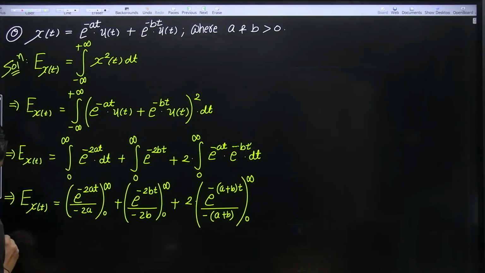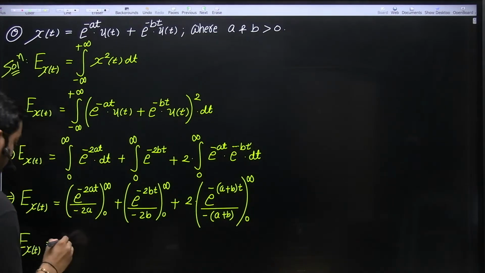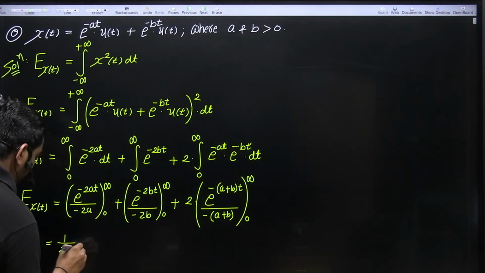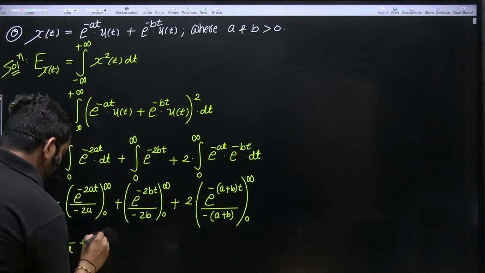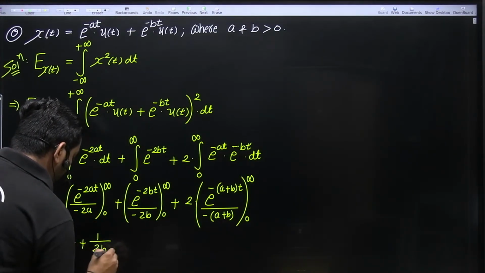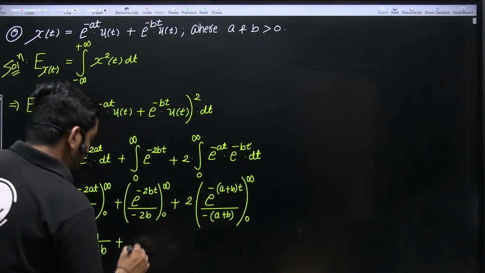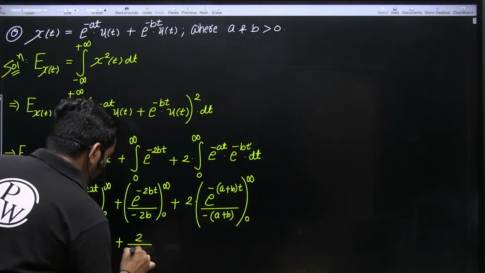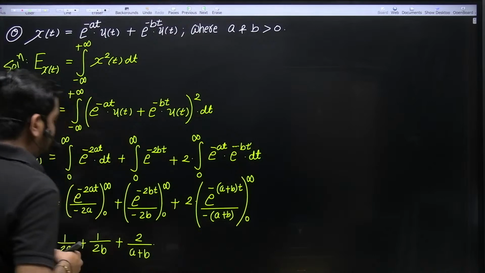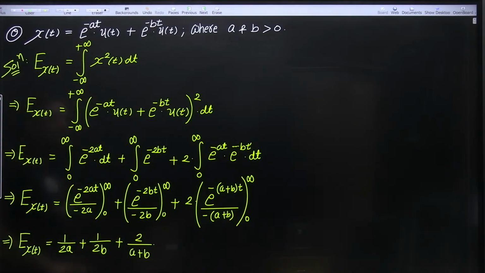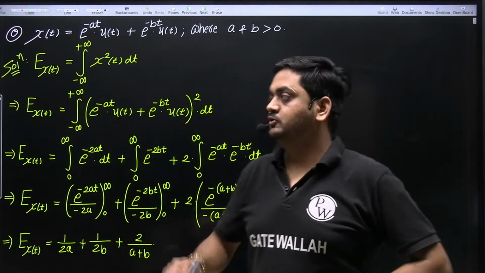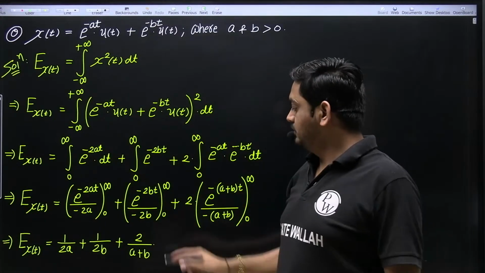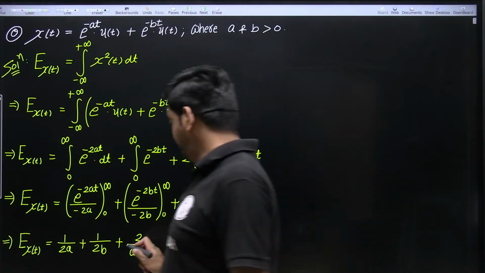So the answer of the first term is 1 upon 2a plus 1 upon 2b plus 2 upon a plus b. This is the formula: energy of the first signal plus energy of the second signal plus 2 upon a plus b.